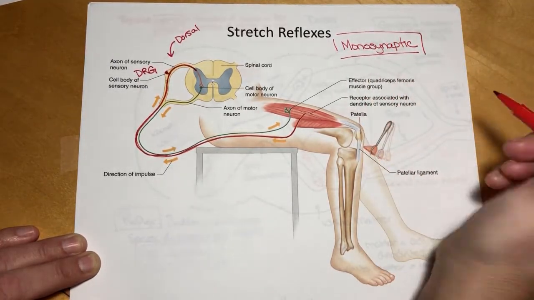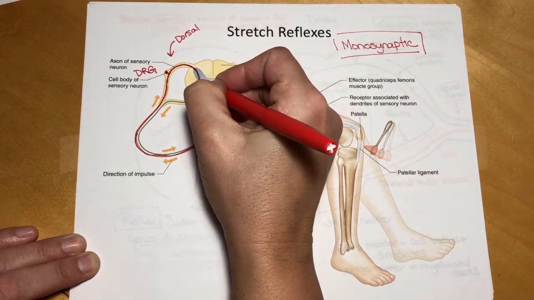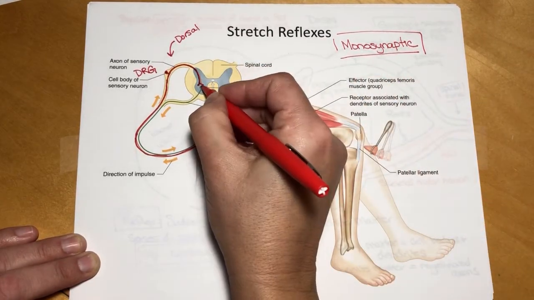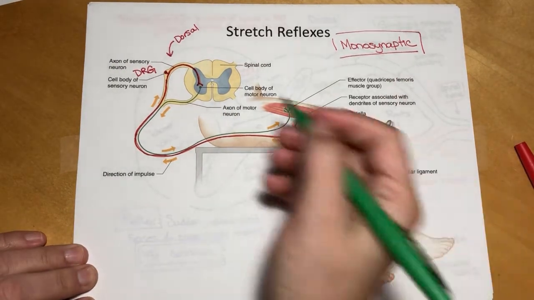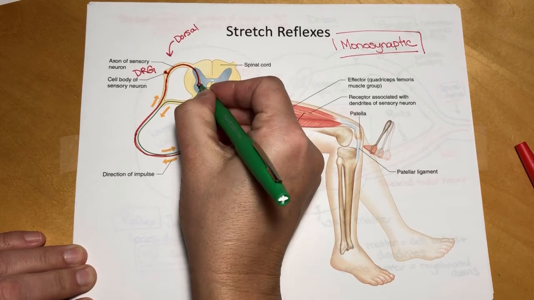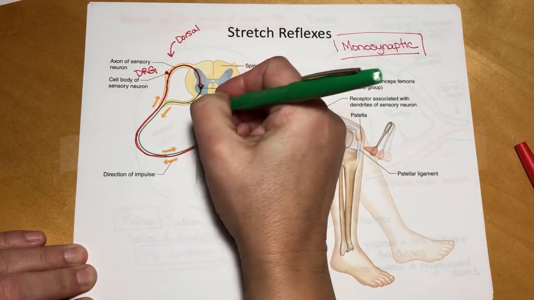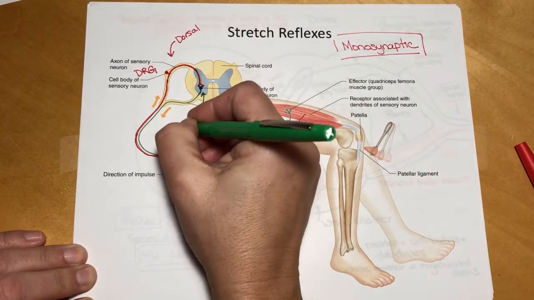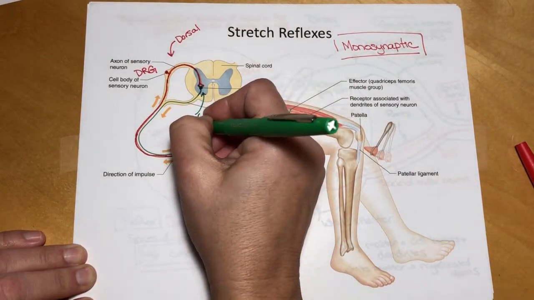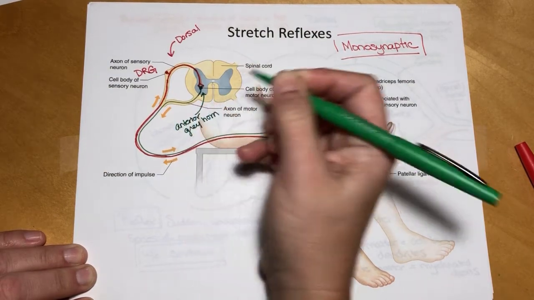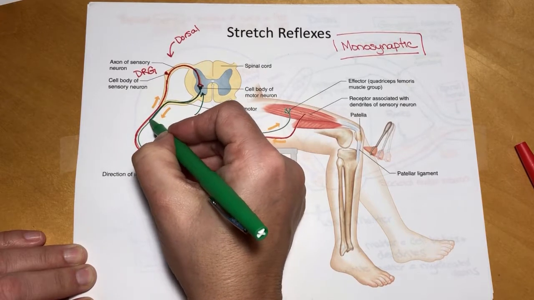So monosynaptic means there's one synapse. This sensory neuron comes in and synapses directly with the skeletal motor neuron. You can see that right here. That's its cell body, and it's going to synapse right here in our anterior gray horn. So we're literally skipping the interneuron. We're saying, no thank you, we don't even need it.